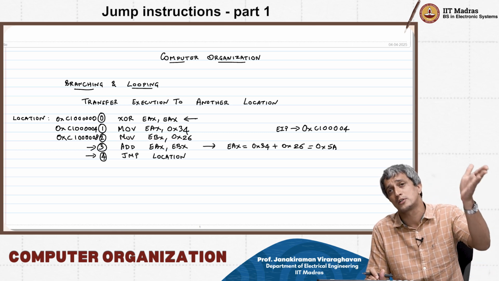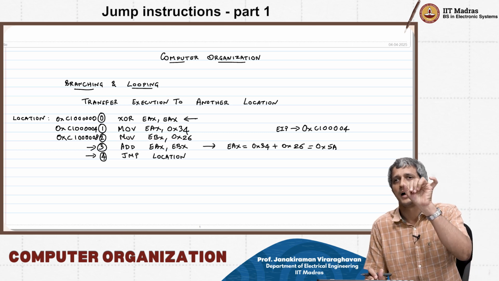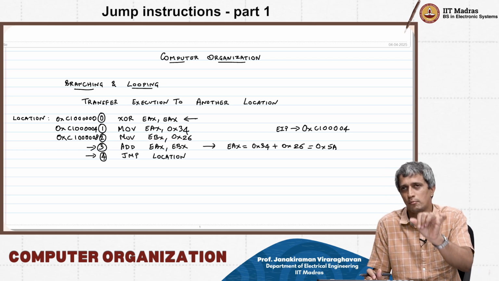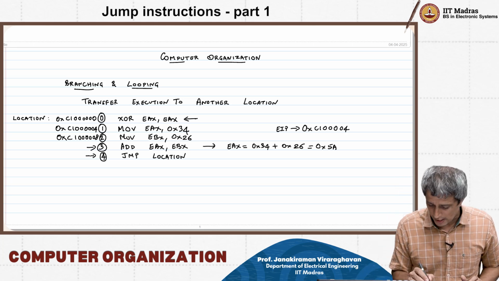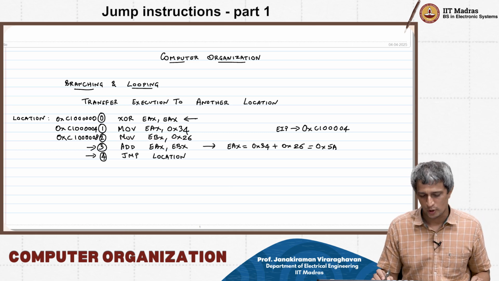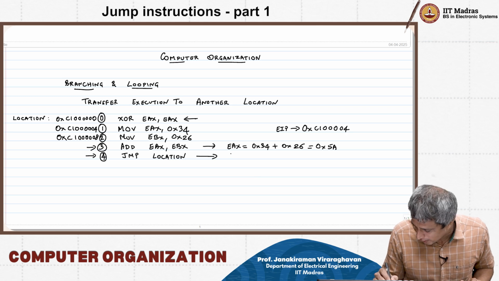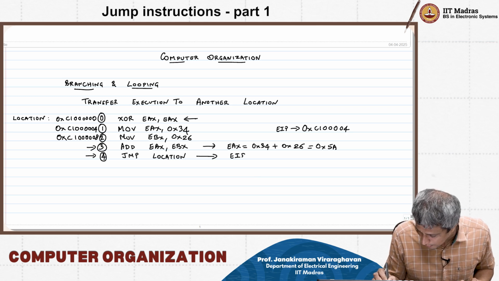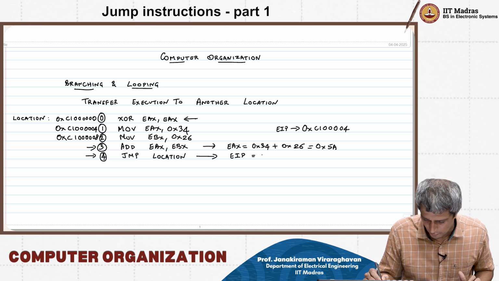When the program gets loaded into the code memory, this will translate into a hexadecimal number which actually represents that address, right? Now the fourth instruction here says jump to location, and therefore this instruction is effectively going to load EIP with the address of this location, whatever that location is.